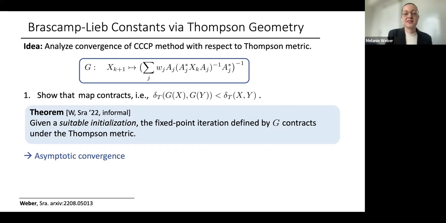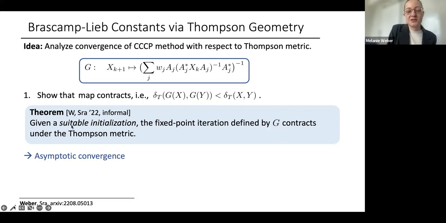Through this lens, the first thing that we can show is that the map, in fact, is contractive, right? That's, of course, important for proving the convergence of a fixed point map. This is what we show here, where d_T is the Thompson metric with which we have endowed the positive definite matrices. Having shown that contractive property allows us, with a little bit of additional work, to certify asymptotic convergence of our procedure.